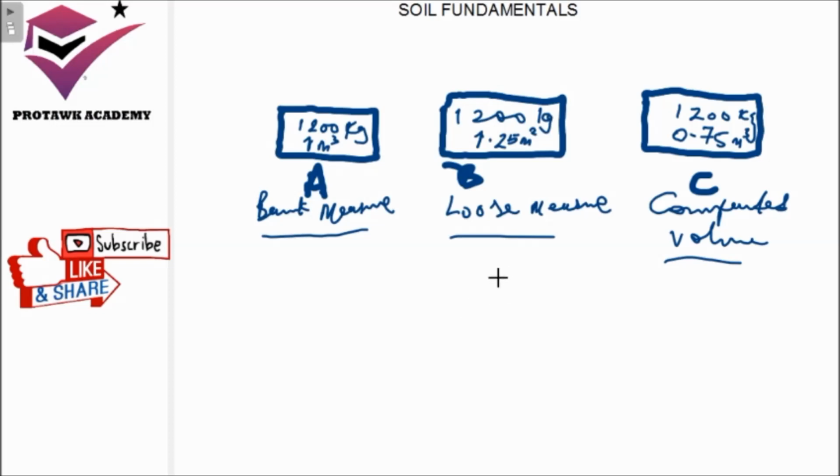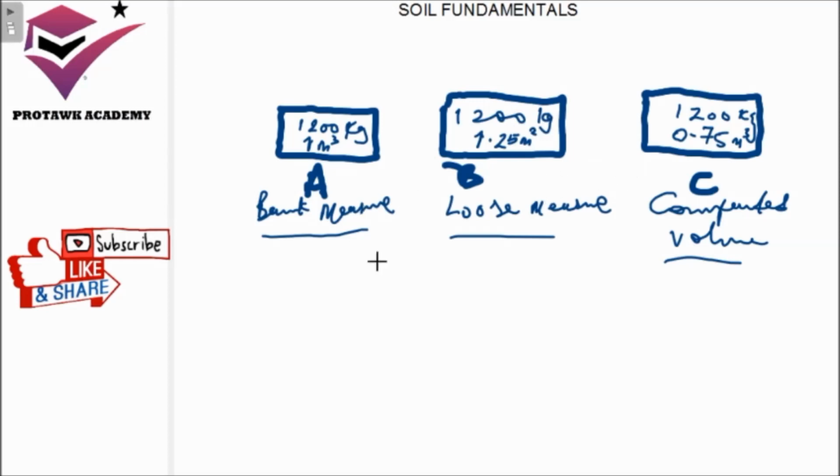This will increase the volume of the soil, but with the same mass. Then when we bring it to the point of use and start compacting, we expect the volume to decrease. So we've illustrated the same mass for the 3 states, but different volumes.